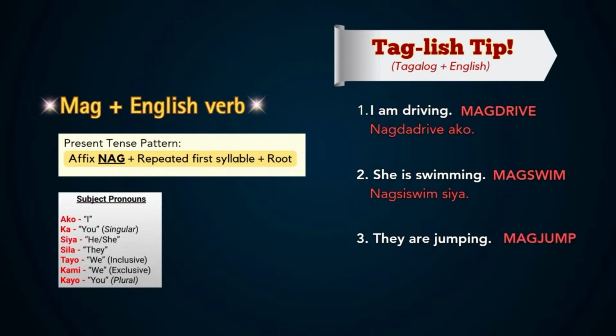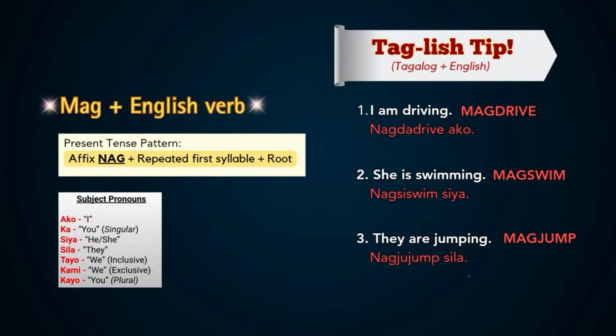What if I told you to use the verb mag-jump? How would you write they are jumping in Taglish form? In Taglish, you could say, nagjajump sila. They are jumping. Nagjajump sila. So the affix is nag, then there's the repeated first syllable or sound, and then the root.